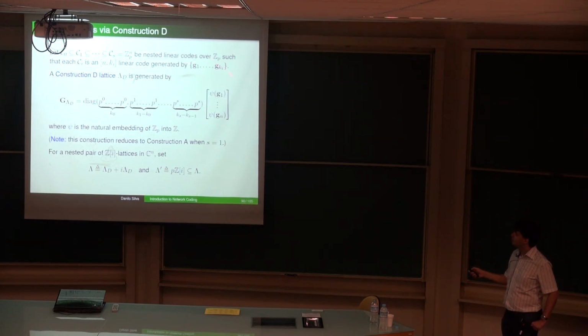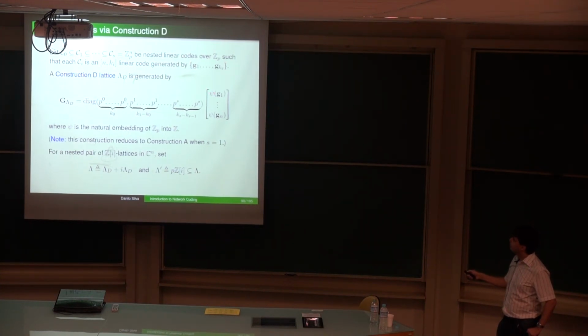G1 to GKI are generators for the code CI, and they have to be nested, so one code is a subset of the other. And then you construct the generator matrix of your lattice in this way. Okay, so you just take the embedding of these generators.